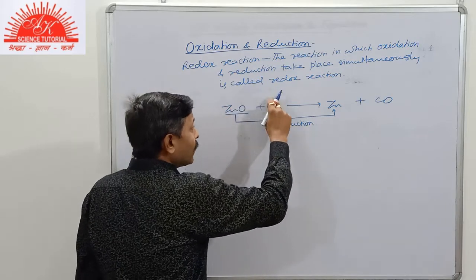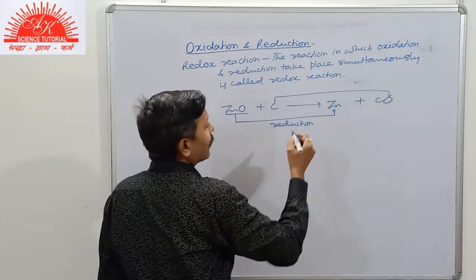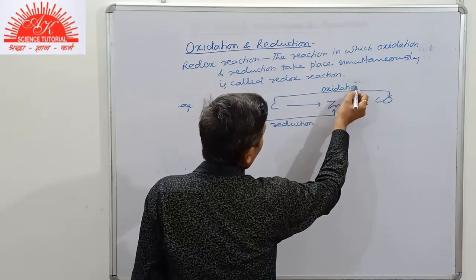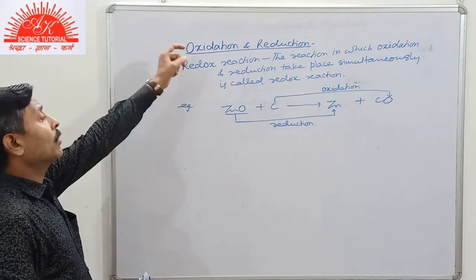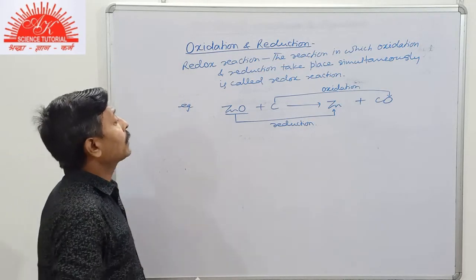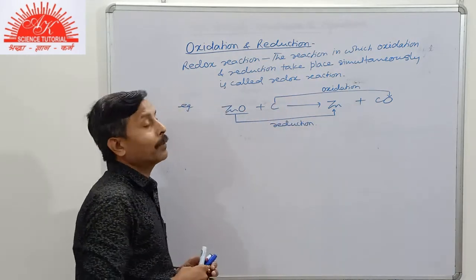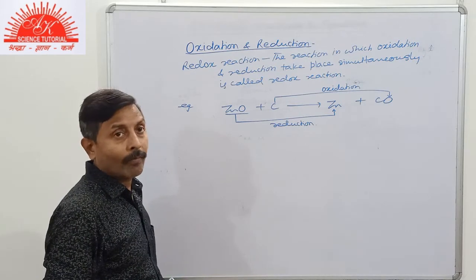And that oxygen is taken up by the carbon, so to carbon oxygen is added. Hence this is oxidation. So if one substance is oxidized, the other substance is reduced. Hence, oxidation and reduction take place simultaneously. This is the redox reaction.